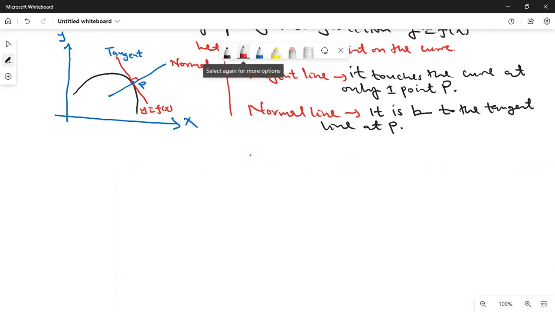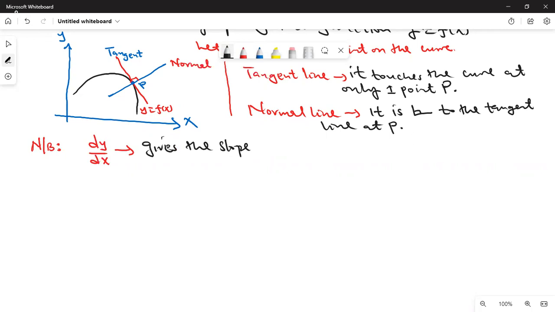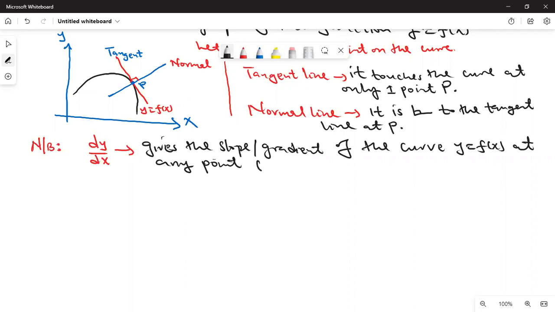Take note, NB, that dy/dx gives the slope, the gradient, of the curve y is equal to f of x at any point x, y on the curve.